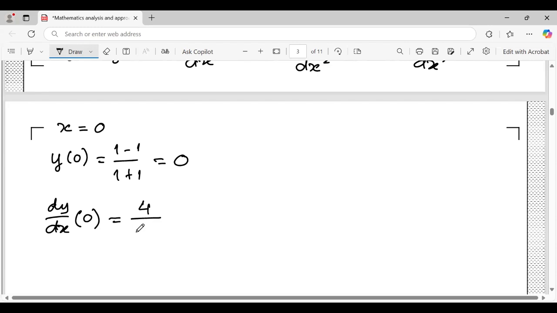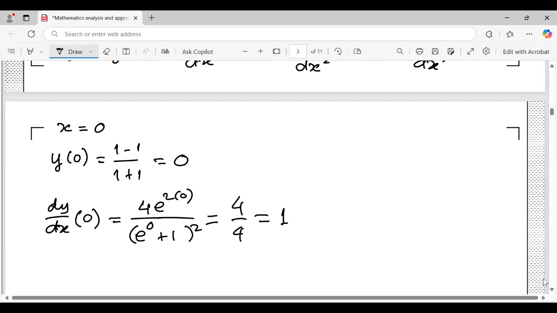And better if I write here, e power 2 times 0, like this, maybe you will be confused. So it is e power 2 times 0, plus 1 squared. So it is 4 divided by 4 equals 1.